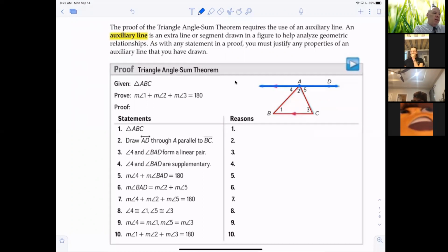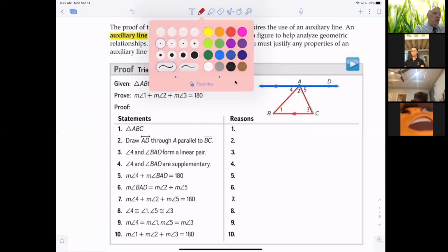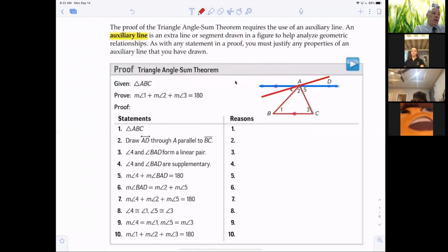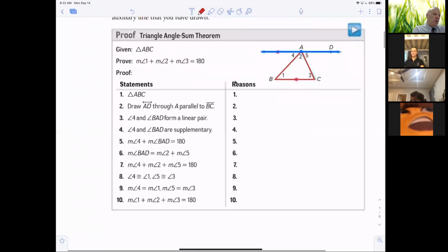It would not make sense if I were able to draw another auxiliary line that is also parallel. Is everybody with me on that? All right, so we're going to draw that auxiliary line. Now, let's go through here. Again, super easy proof.